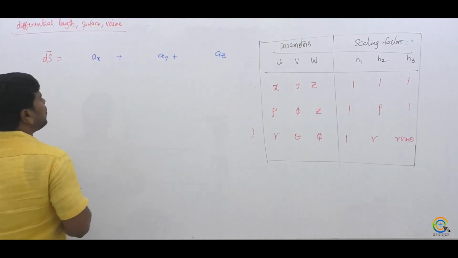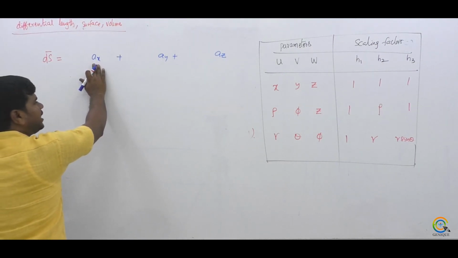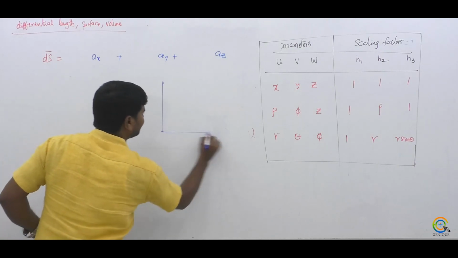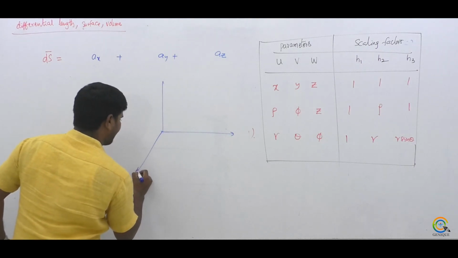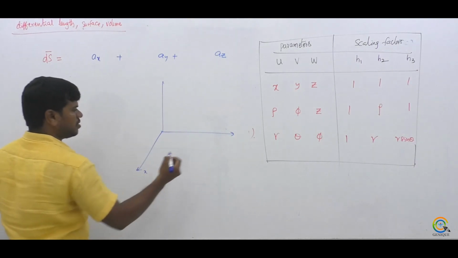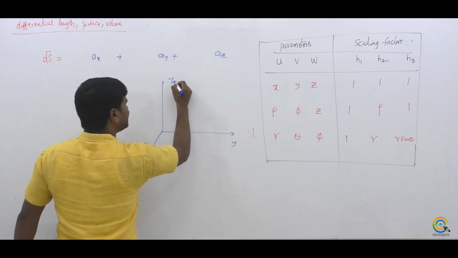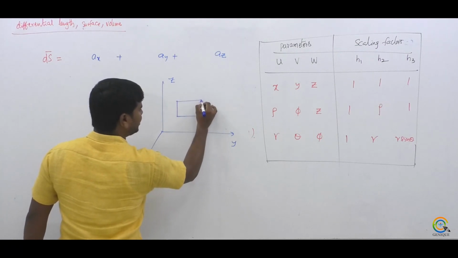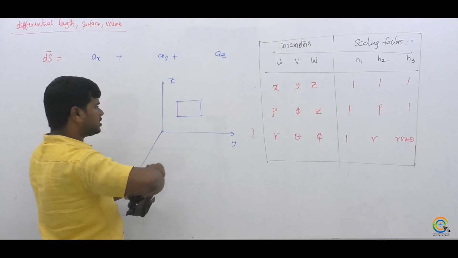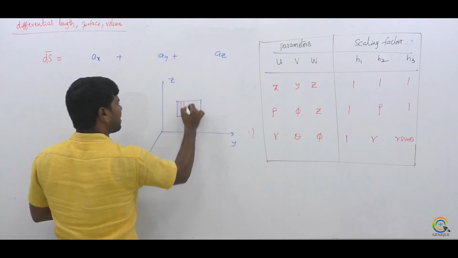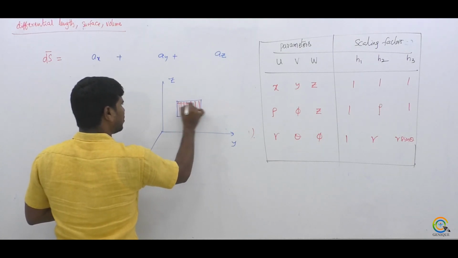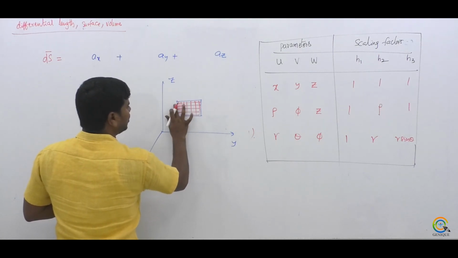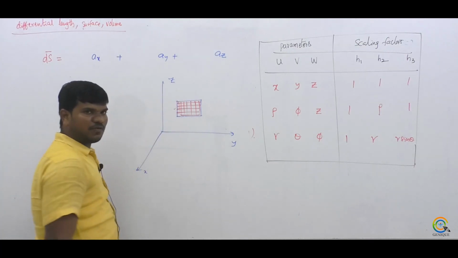Okay. So how can we write in the direction of ax? Suppose we take x, y and z, and we take the differential volume like this, placed on the yz plane.